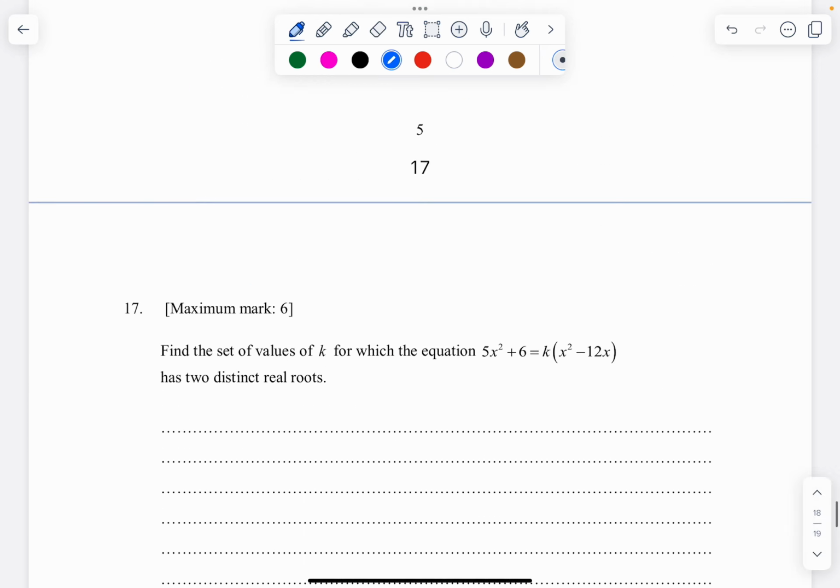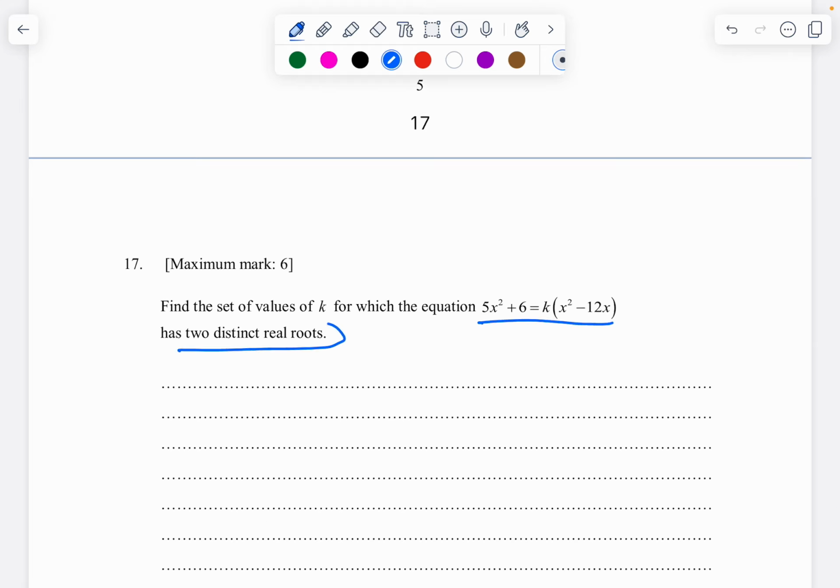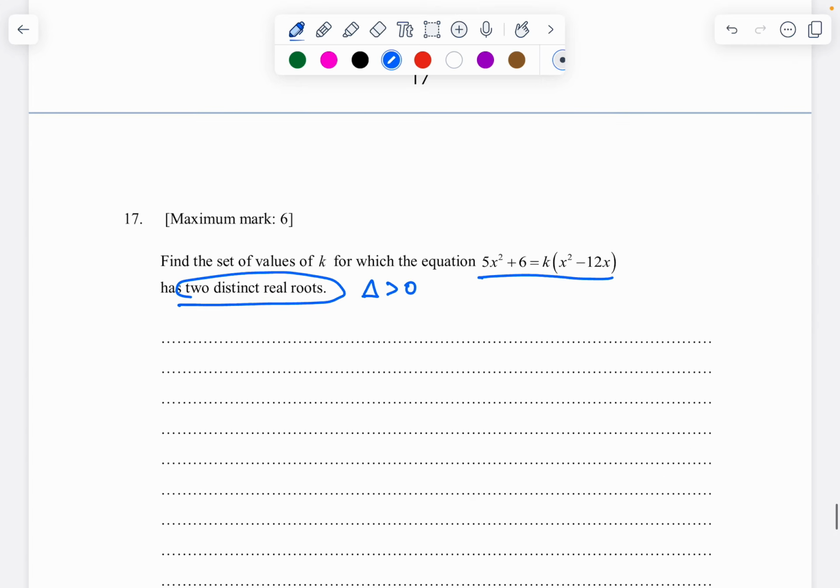Question number 17. Find the set of values of k for which the equation has two distinct real roots. So again, the discriminant is greater than 0, but we need to first put them together. So let me simplify. So this gives me kx square minus 12kx.